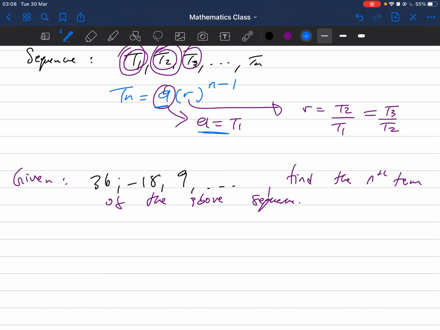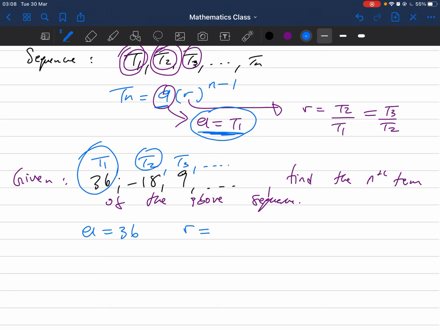So I said A is your first term, right? So recognize that this is your T1, this is your T2, this is your T3. Okay, so I said your A is T1 and this is your T1, so your A is 36, and then R is T2 over T1.